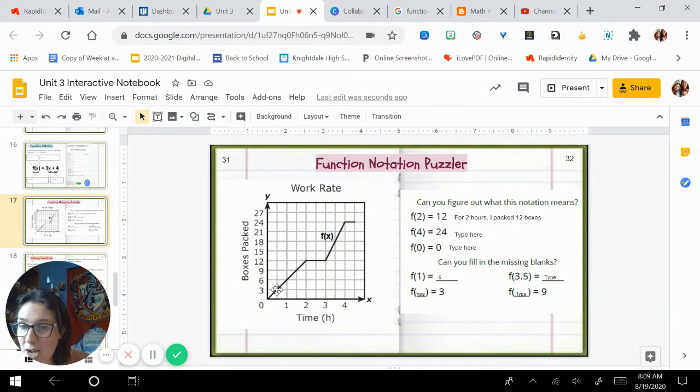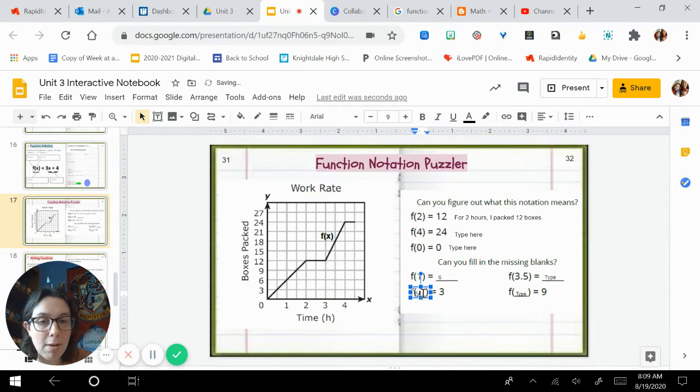What is it above? It's in between 0 and 1. So approximately what is halfway between 0 and 1, guys? 0.5. So I'm going to type in here 0.5, or you could do the fraction 1/2, whichever you prefer. So my x value is 0.5, and I have packed 3 boxes.